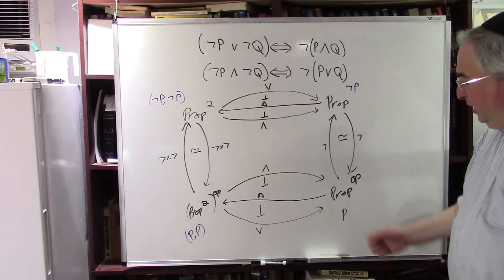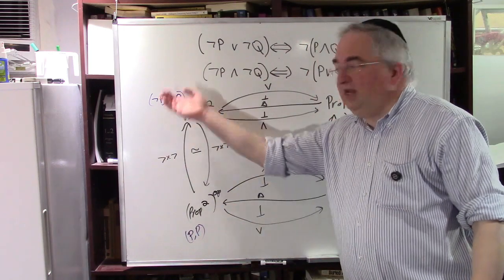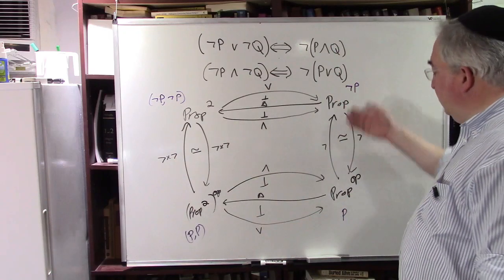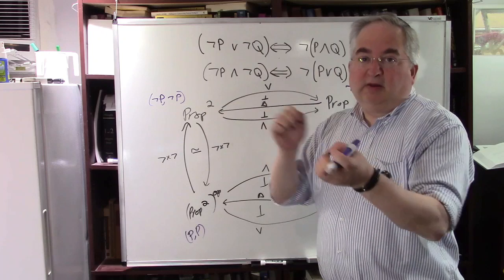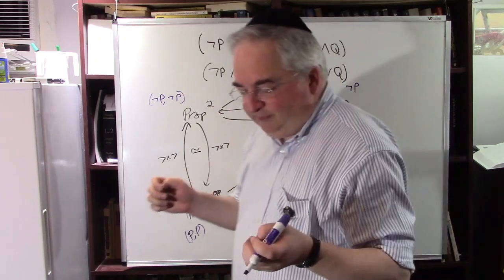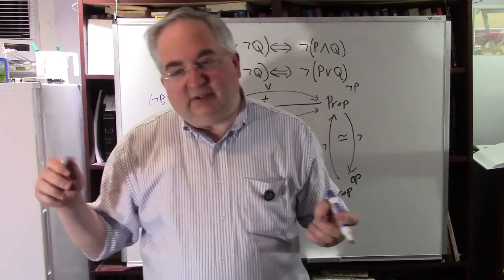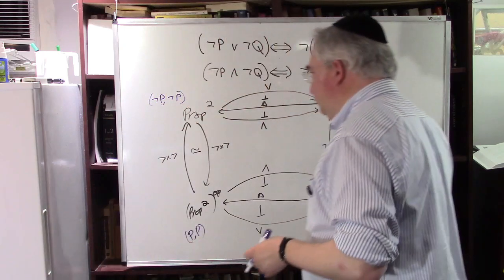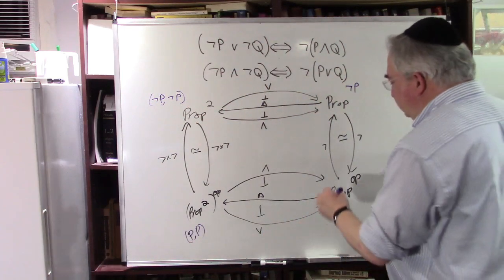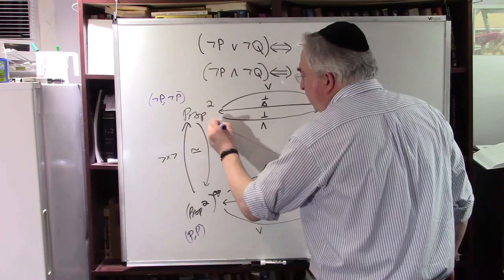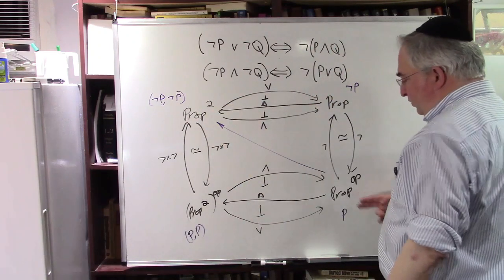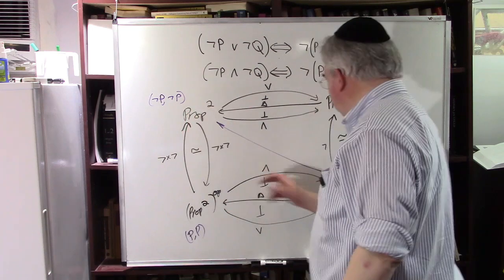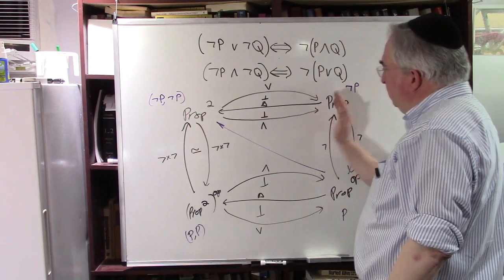What they're saying is taking a pair of things and then notting them is the same thing as taking an object, notting it, and then pairing it. The diagonal and the not are homomorphisms of each other. So there's exactly one map from here to here, which makes these commute. So we're following this, following that, is the same thing as following this, following that.